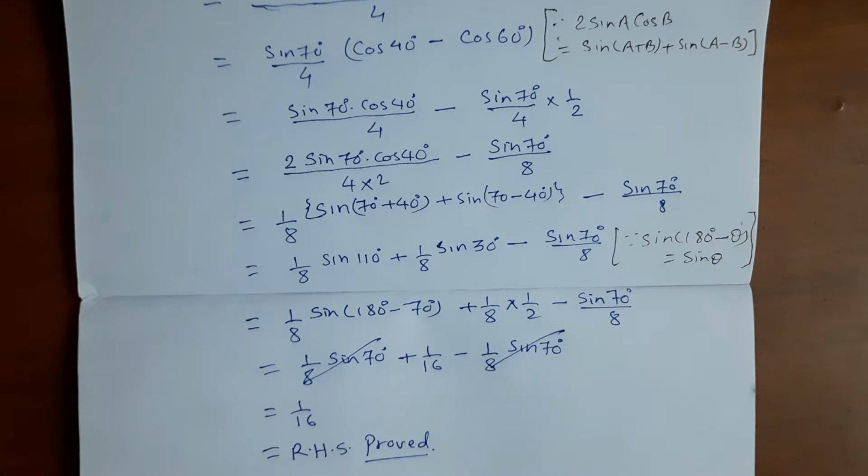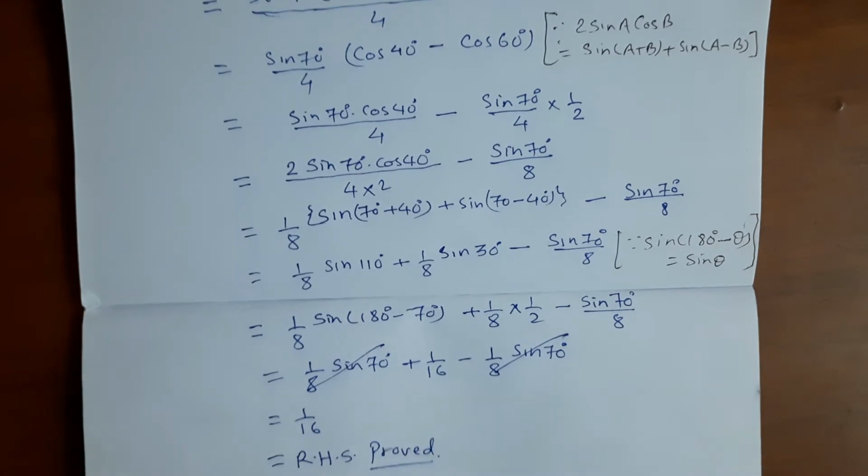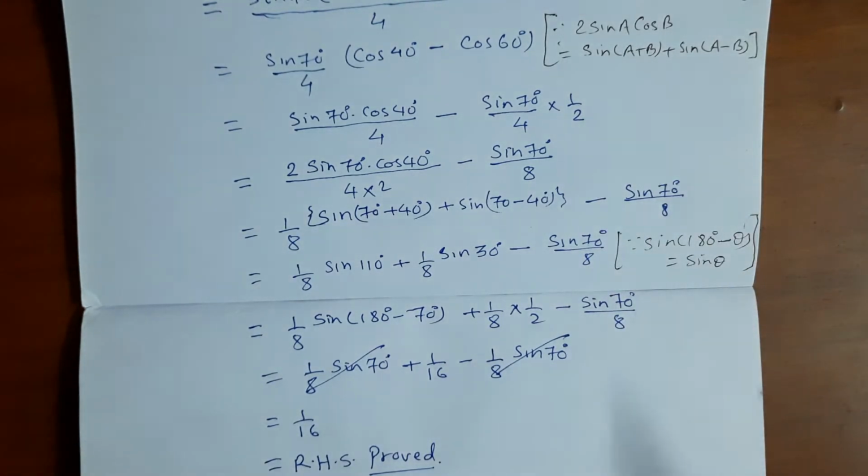In this way we can prove this identity mainly by using two formulas, the 2 sin A sin B formula and the 2 sin A cos B formula, and the formula sin(180 minus theta) equals sin theta is a simple formula which you have learned in class 9 or in lower classes also.